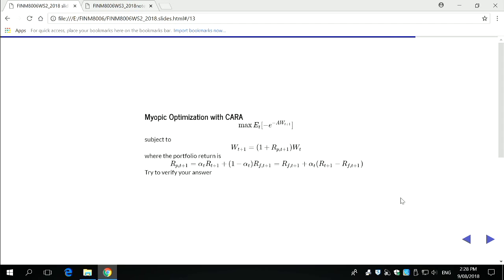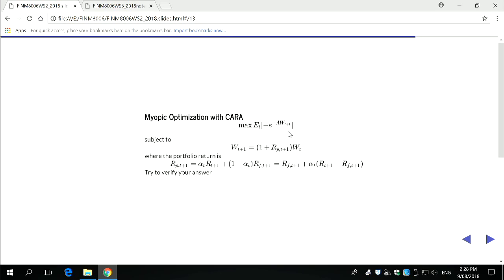One thing is kind of clear: we know this W t should be equal when we hit the maximization, because we want the utility as high as possible. So we can just plug this W t into the maximization problem.